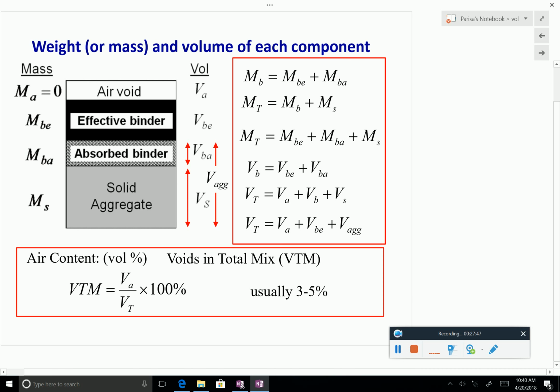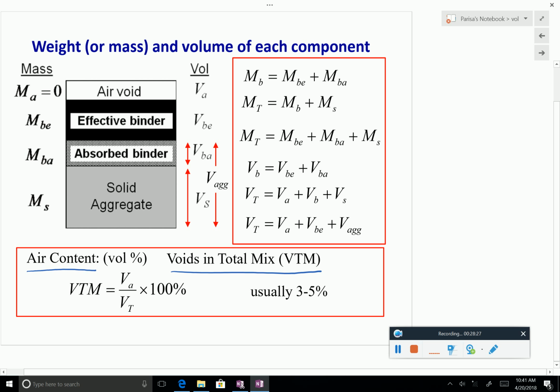And there are a number of different air void contents in asphalt concrete technology. The most obvious one is air content. Another term for that is VTM, voids in total mix. And air content, I hope you remember from concrete also, is always based on volume because air doesn't have a mass.